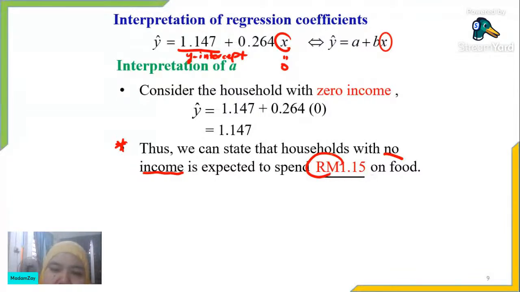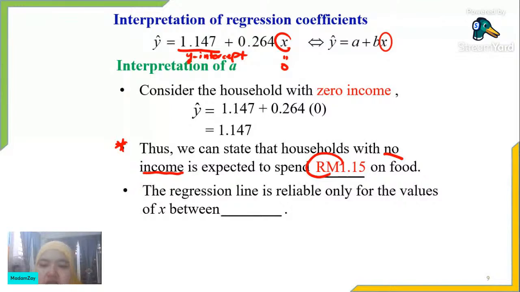Okay, we still have the Y equal to 1.15. So what is X? X is talking about income. So no income, zero income means that we still have to spend. Sebab nilai Y is talking about the expenditure. So expected to spend RM 1.15 on food.